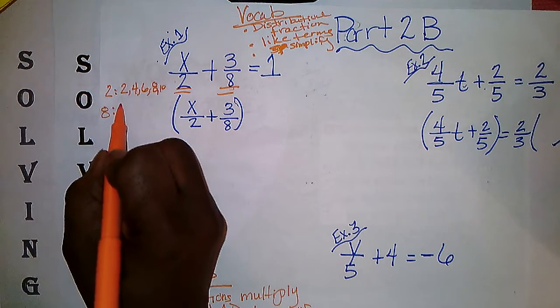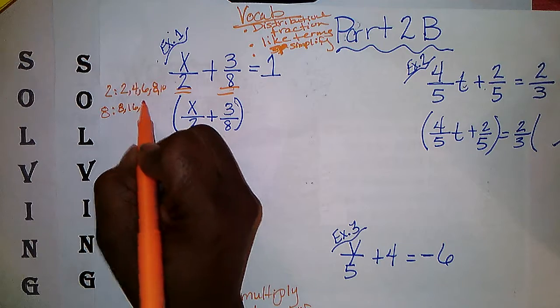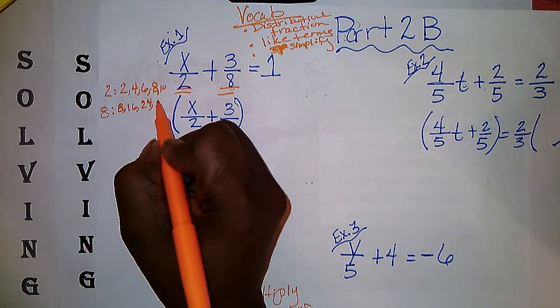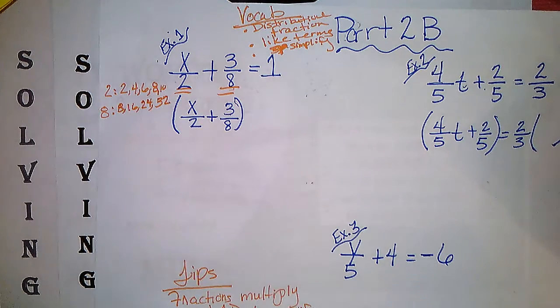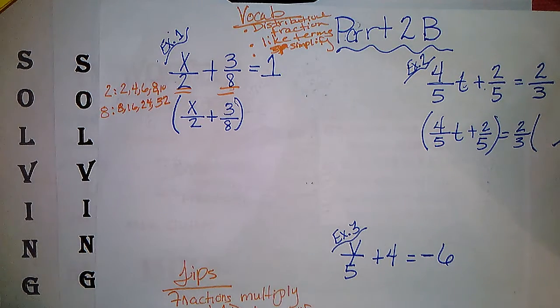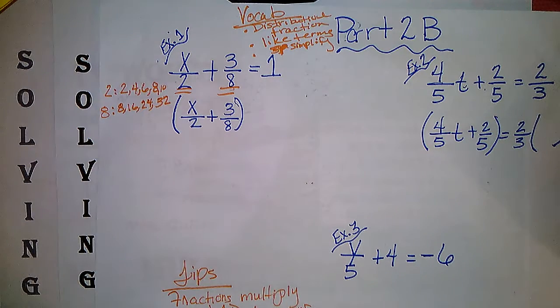You have 8, 16, 24, 32. In our skip counting, we're looking for the least common multiple. So we see right away that that is 8.